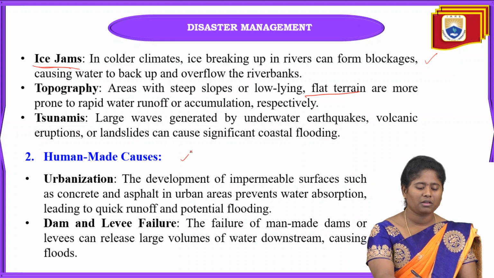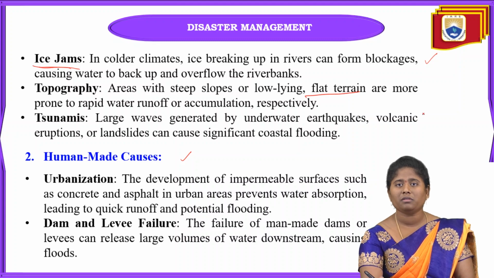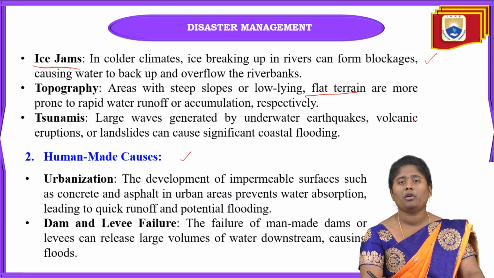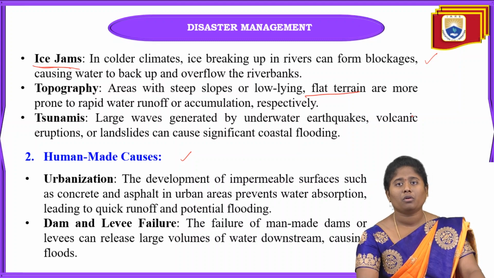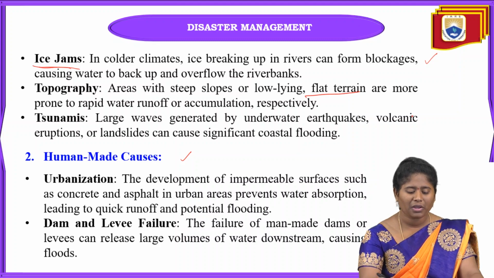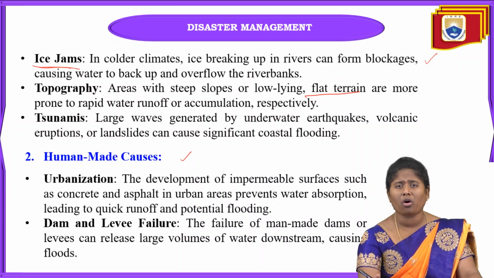Coming to the next one, that is human-made causes. Means because of humans, how floods happen. The first one is urbanization. If you develop cities or develop the rural coast into urban areas, we cut the trees and develop impermeable surfaces, nothing but concrete and asphalt in these urban areas.